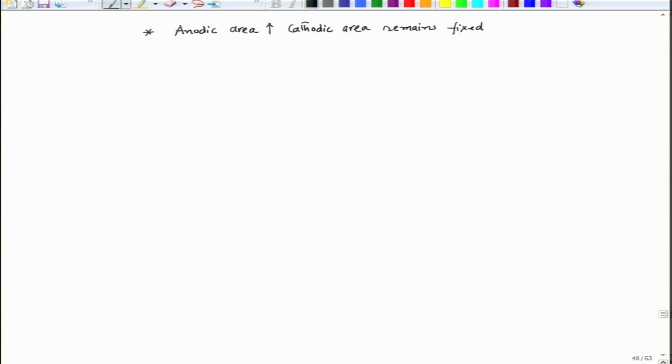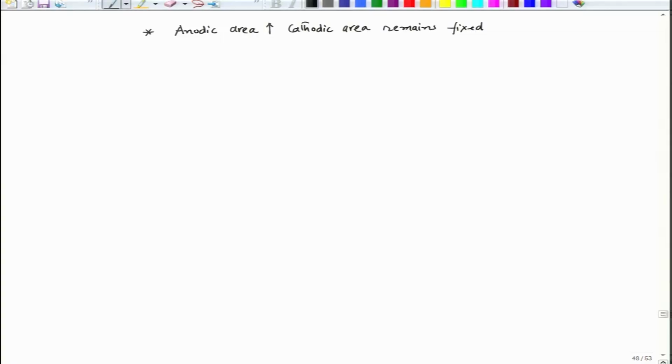How to explain that situation in that galvanic couple? We have to plot log I. It is interesting to note that we are using capital I, so the unit becomes ampere, and this is potential, which is in volt.